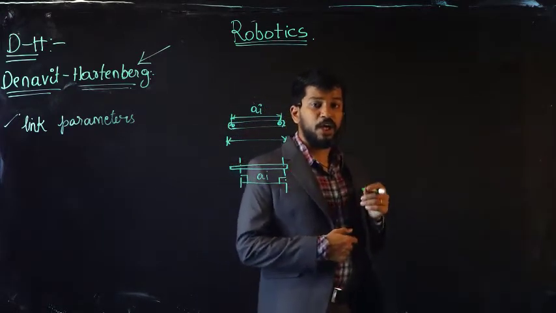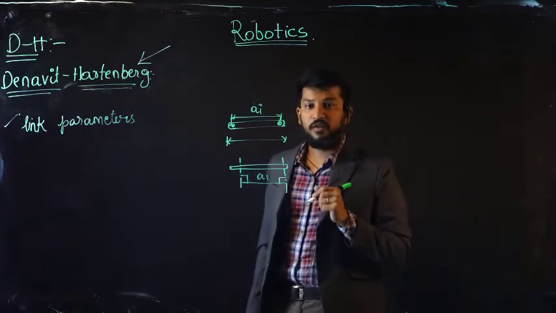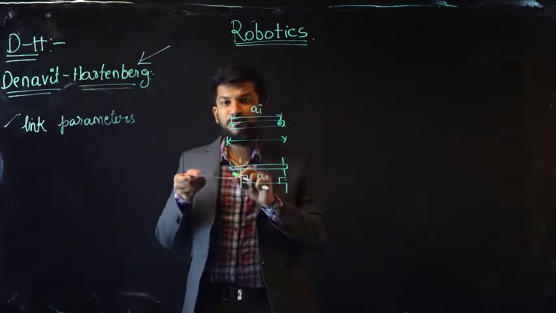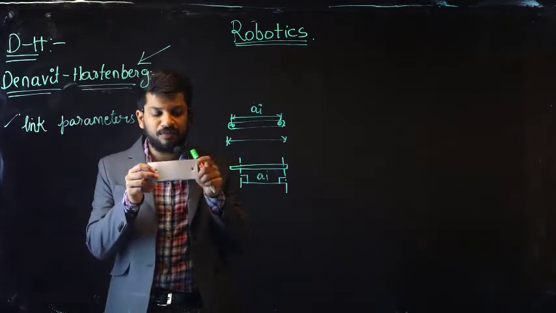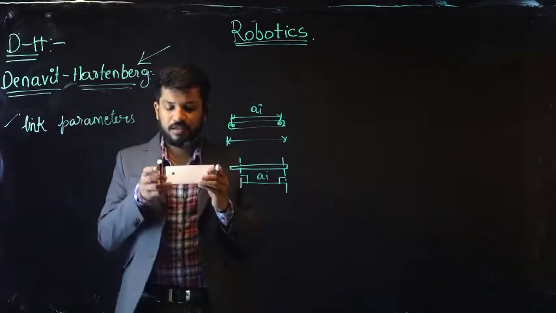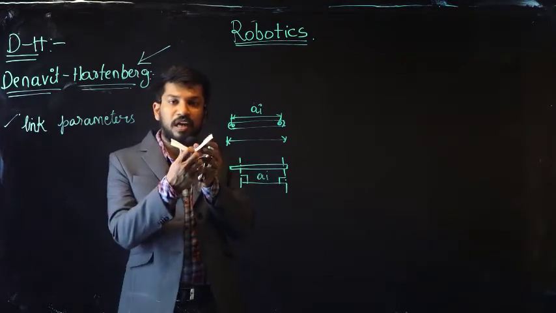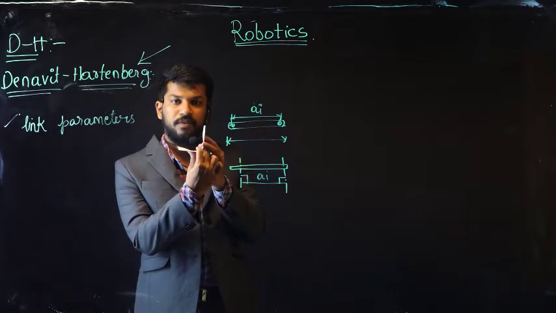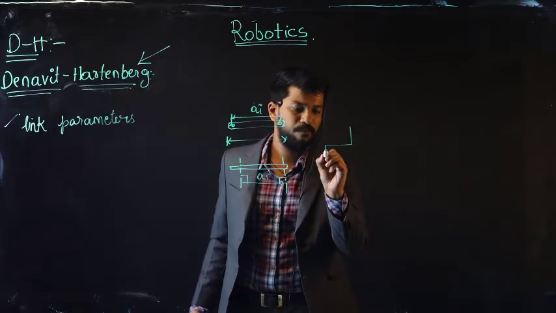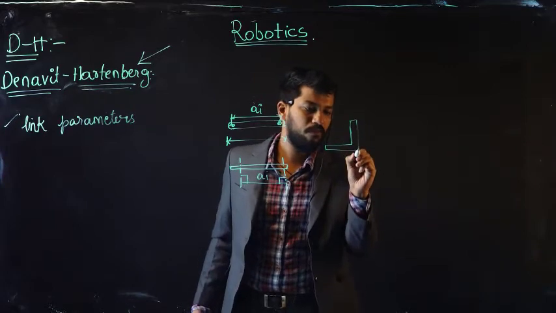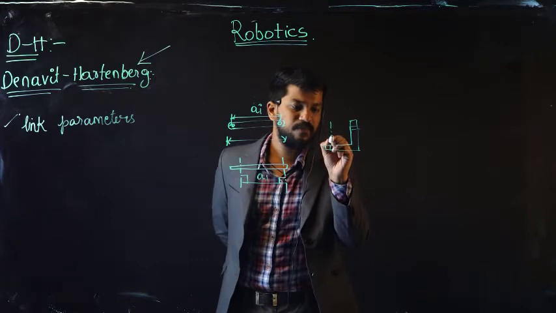But here, if you observe clearly, there is a chance of this link length being 0. If my entire robotic link was like this one, we can easily calculate the link length from the perpendicular distance between my two axes. But suppose my link is inclined in such a way. This is the portion I am trying to mention. Again I am generating the axes.